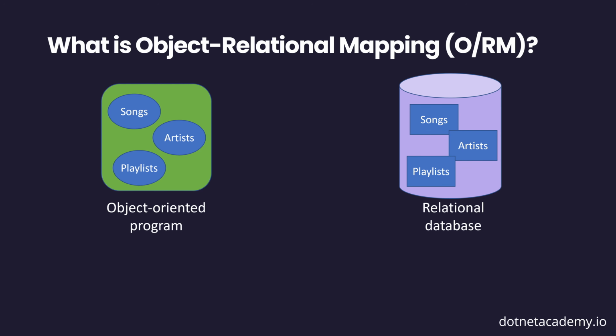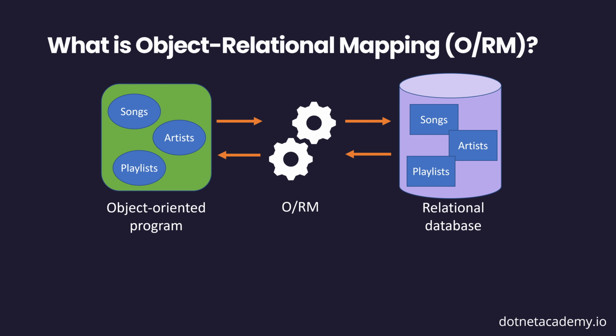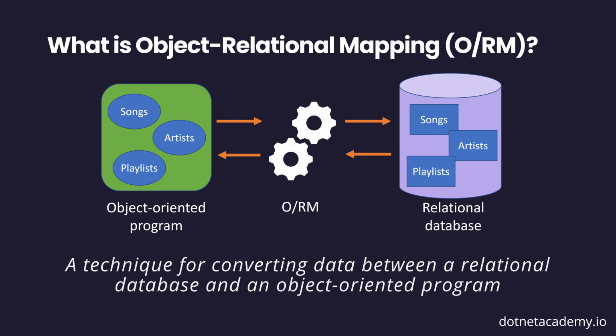Now, instead of having to write custom code to map these objects to tables each time you need to send or receive data to or from the database, you can set up a map between them so that your program can keep working with objects while another component, an object relational mapper, takes care of transforming objects to tables and vice versa. So in essence, object relational mapping is a technique for converting data between a relational database and an object-oriented program, and as you can imagine, it brings many benefits to application developers.